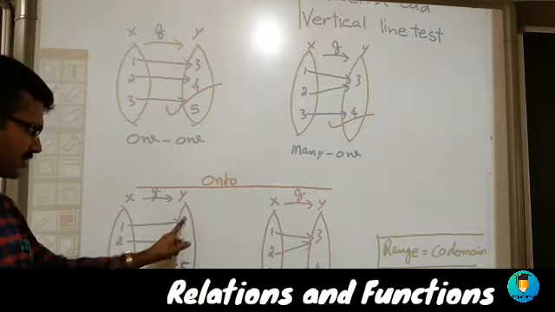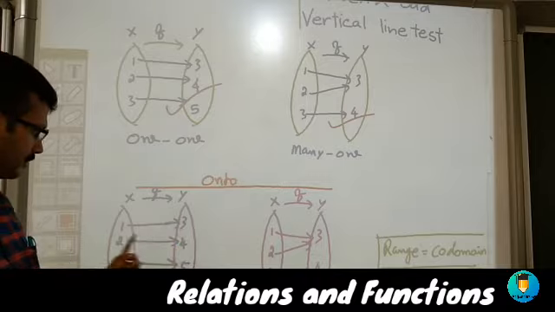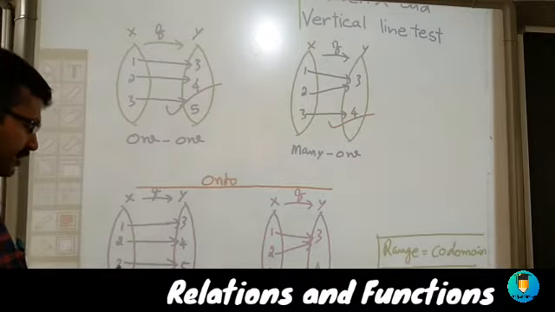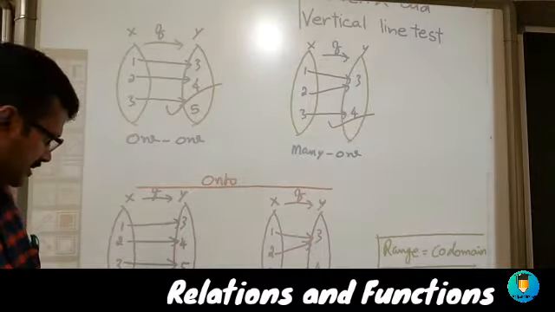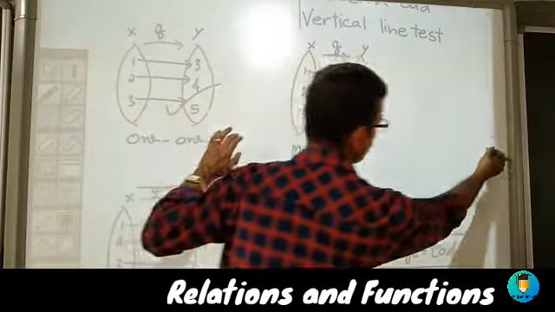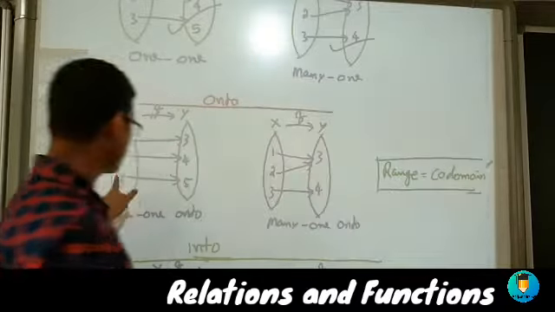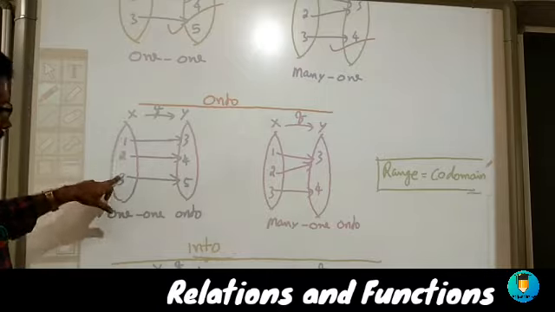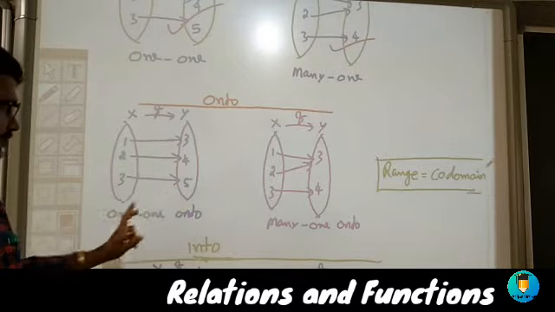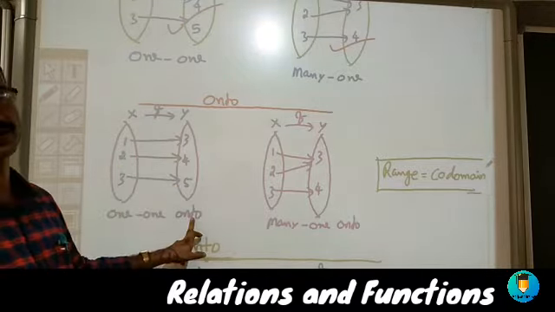See, all the elements: 3 has a pre-image, 4 has a pre-image, 5 has a pre-image. So this is an onto function. Here you can see that at the same time one element is connected with one element, so we can say this is a one-one onto function.